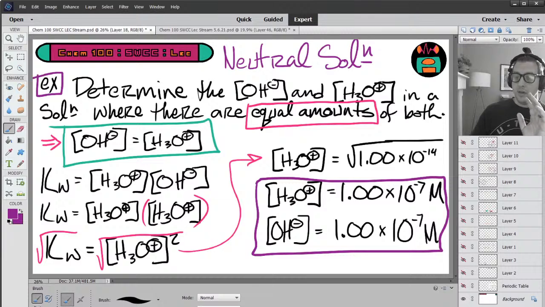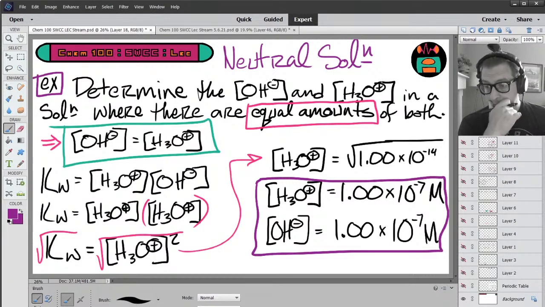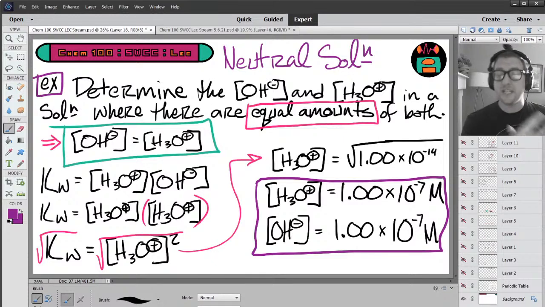Now, we've been using a lot of scientific notation recently, and it gets cumbersome to write times 10 to the power of whatever, right? It's a little much. And so chemists have just not discovered, I shouldn't say that. This is not something we found in nature, this is something we made.